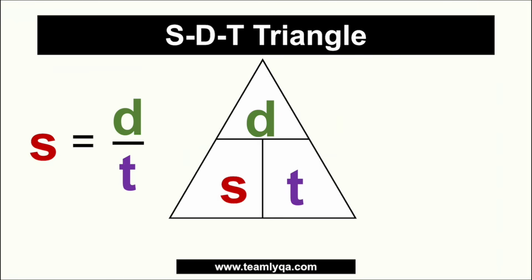So, using the SDT triangle, para makuha natin yung distance, pwede natin na i-cover na lang yung D here. Tapos, ang formula niya ay distance is equal to speed times time. At kung hinahanap mo naman ang time, pwede mong i-cover yung T at makikita natin na ang formula niya is actually distance over speed. Okay?